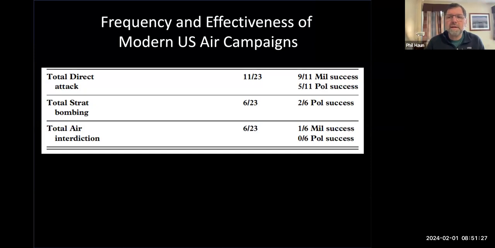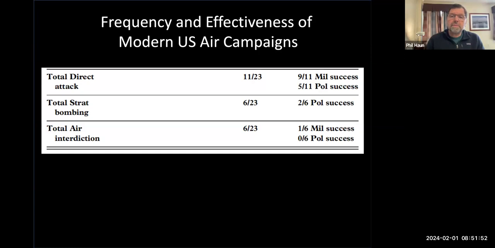Only in the case of Lam Son 719 in 1971 with the ARVN incursion, the South Vietnamese incursion into Laos, do we see a failure of air power there, as well as in 1999 in Kosovo. We see air attack against Serbian fielded forces is largely failing.